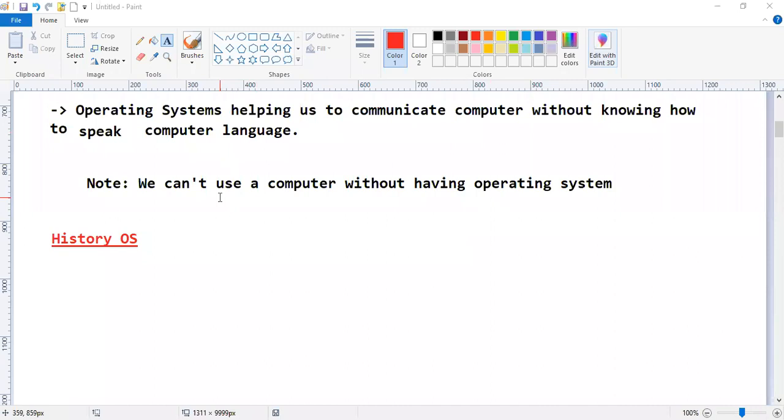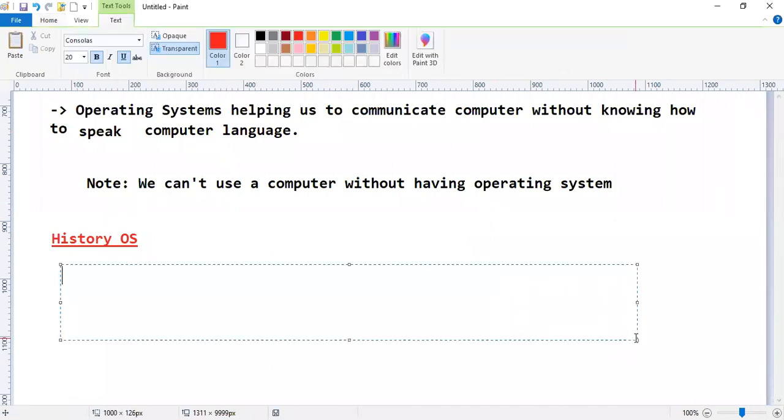That's it. Now, history of the operating system. Operating systems were first developed in the late 1950s to manage tape storage. In which year did the first operating system get developed, guys?